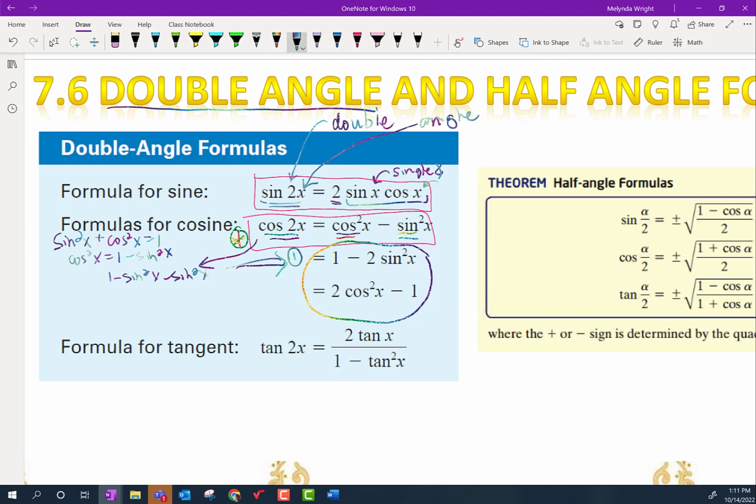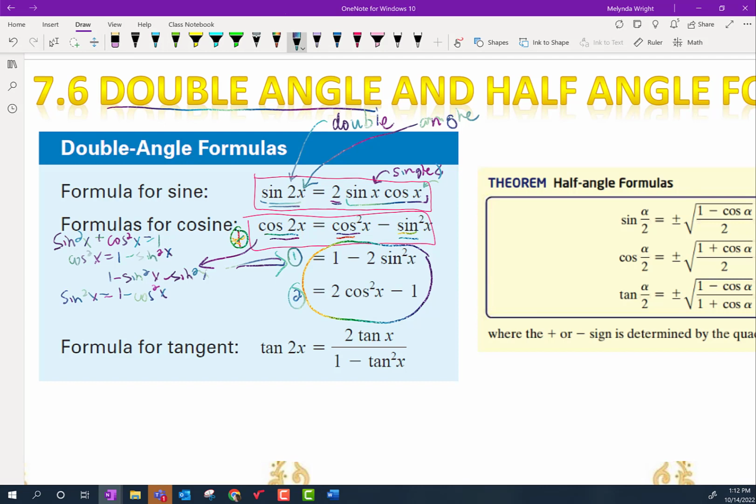So let's investigate how the second alternative formula is created. There's no sines, so they got rid of sines. They took the Pythagorean identity and solved for sine squared. Sine squared is 1 minus cosine squared.